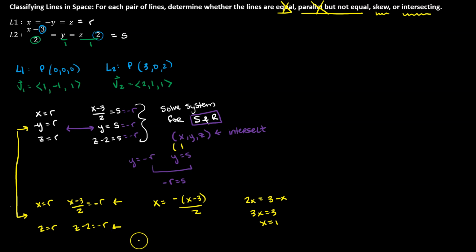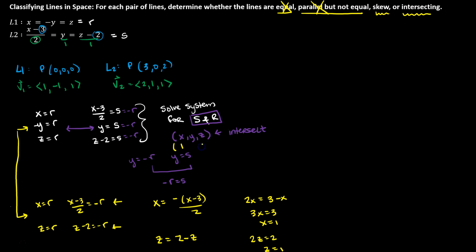If z equals r and z minus 2 equals negative r, then z would have to equal 2 minus z. And if I add z to both sides, I get 2z equals 2. In other words, I get z equals 1. Not x equals 1, we're solving that one for z.